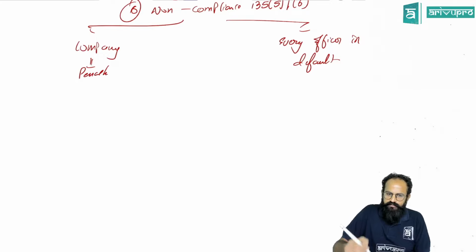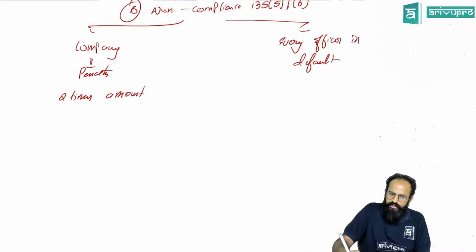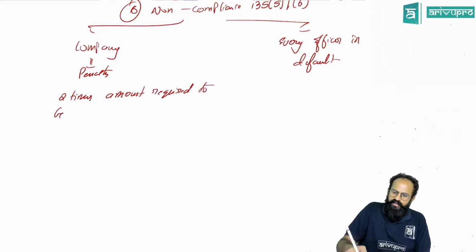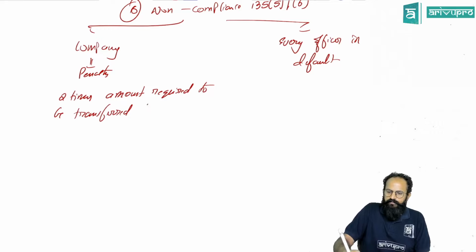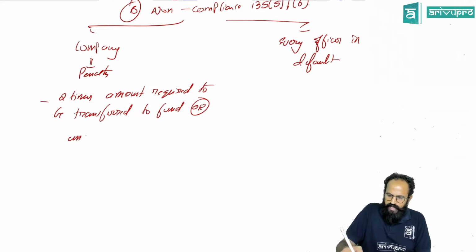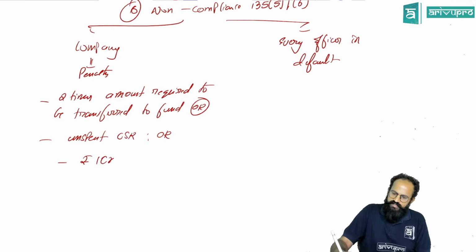Penalty on the company: 2 times the amount required to be transferred to the fund or unspent CSR account, or rupees 1 crore, whichever is less.